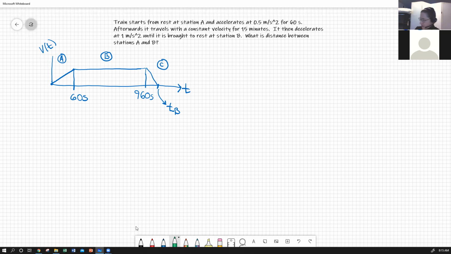I'm going to grab my cheat notes here, make sure I'm not making a mistake. So I'm going to start in region A. I've got an acceleration, by the way, positive to the right, coordinate axes to the rescue. So acceleration in region A is positive 0.5 meters per second squared.